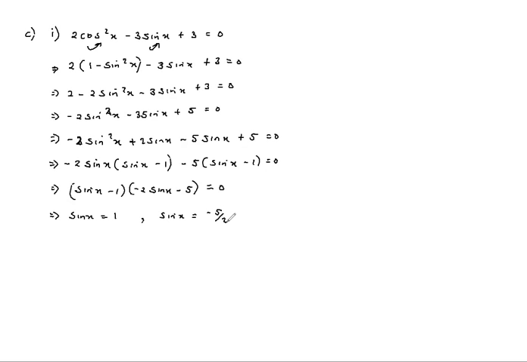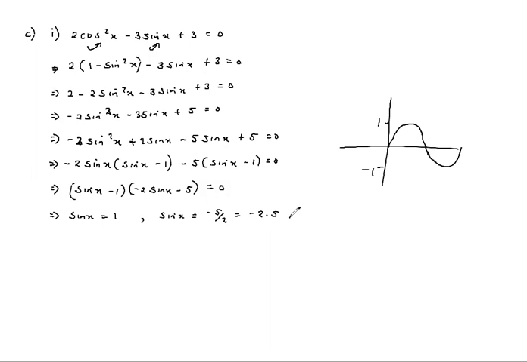But negative 5 over 2, this is negative 2.5. But we know that sine runs from negative 1 to 1. Even if you have to sketch it here, it will be 1, negative 1. It goes there, it comes down. It goes up, just like that. It will never reach negative 2.5.